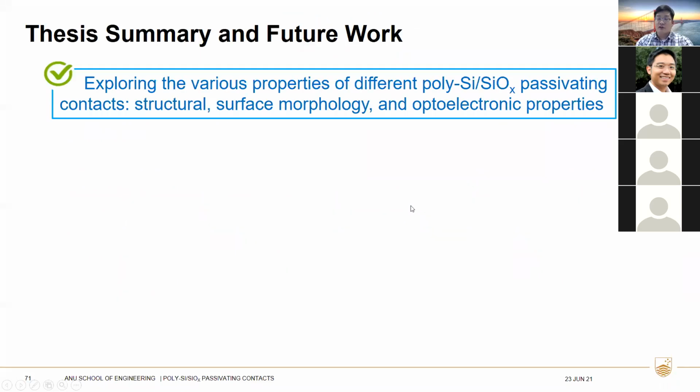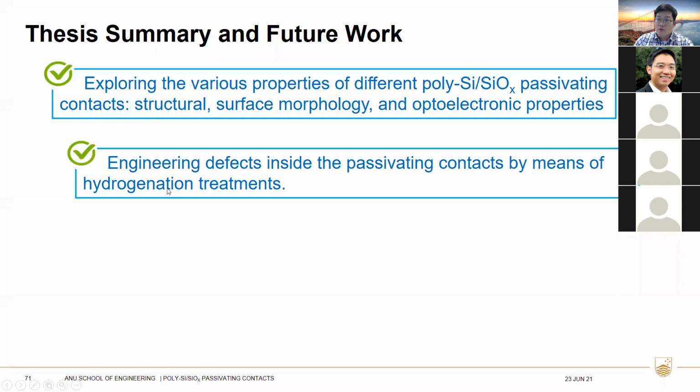So to summarize the thesis and future works, we can say in this work we're exploring the various properties of the different polysilicon passivating contacts, from the structural and surface morphology to optoelectronic properties. And secondly, we're engineering defects inside the passivating contacts by means of hydrogenation treatments.